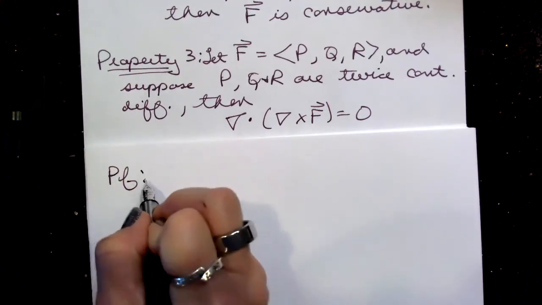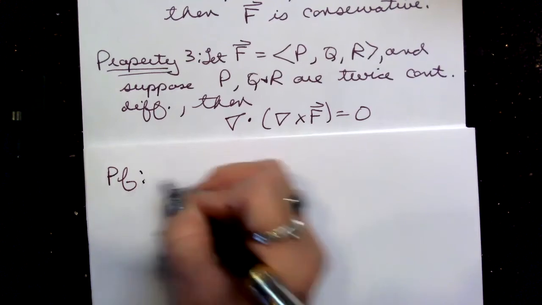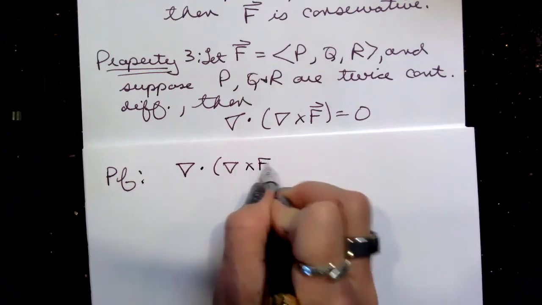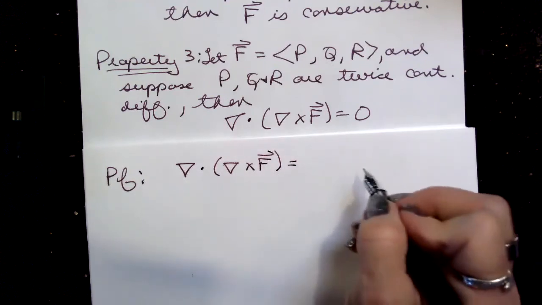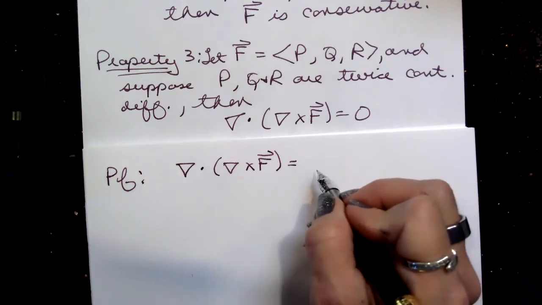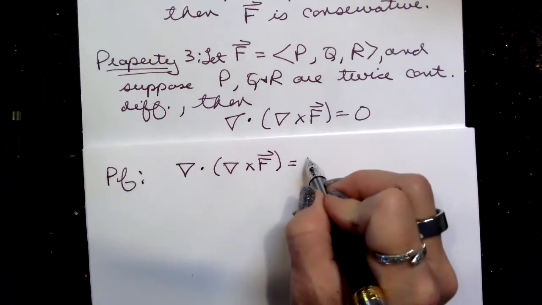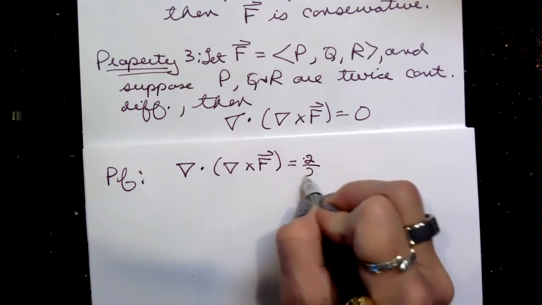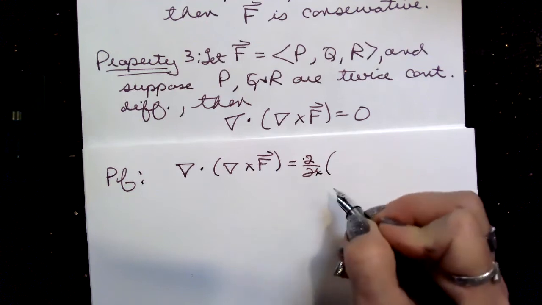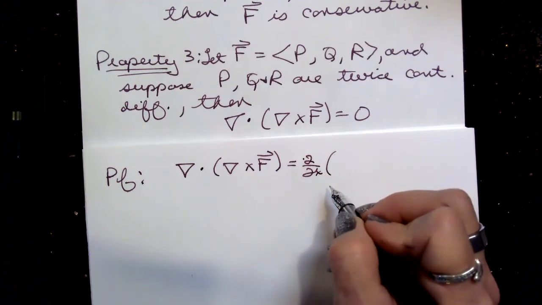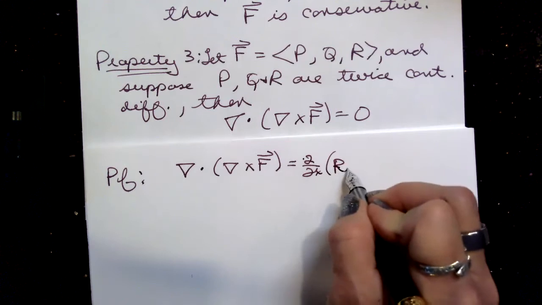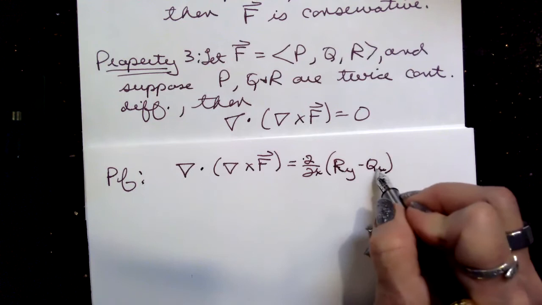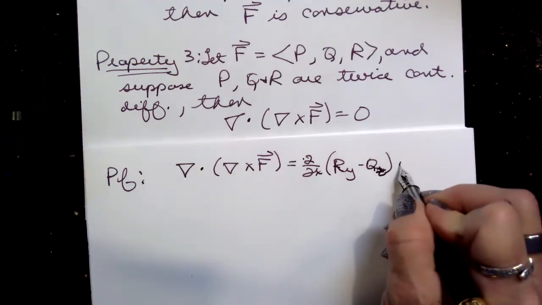We want to take the divergence of the curl of F. So I want to take the partial with respect to x of, looking back at our definition, R sub y minus Q sub z.